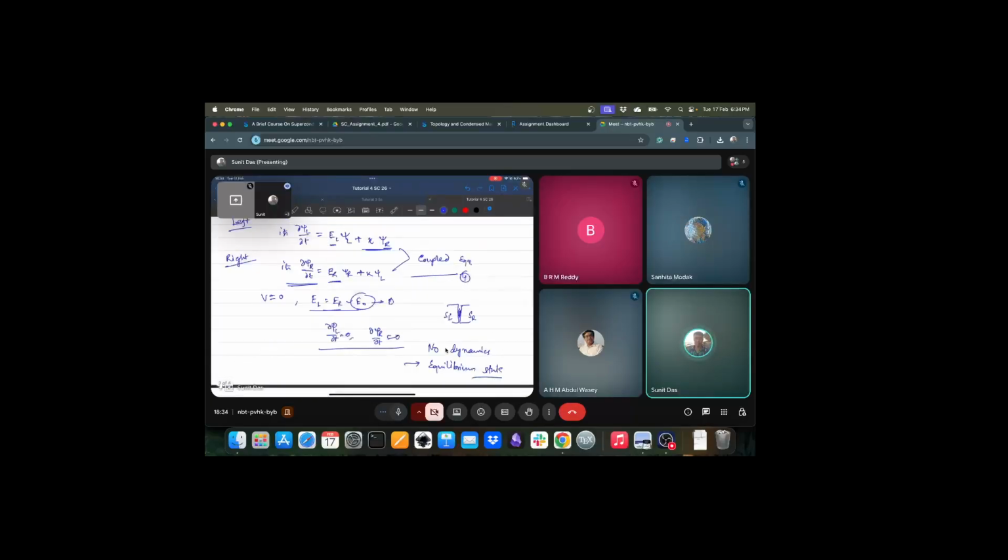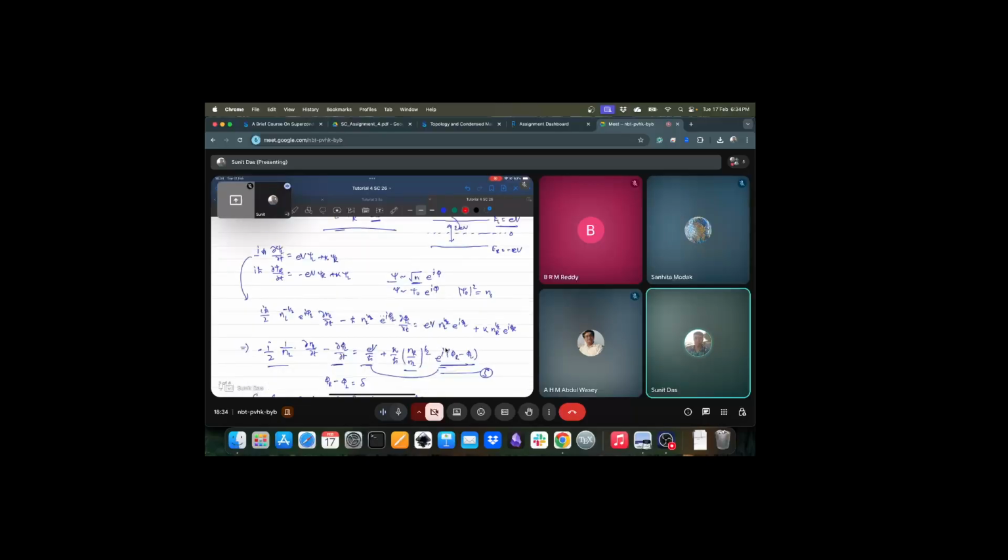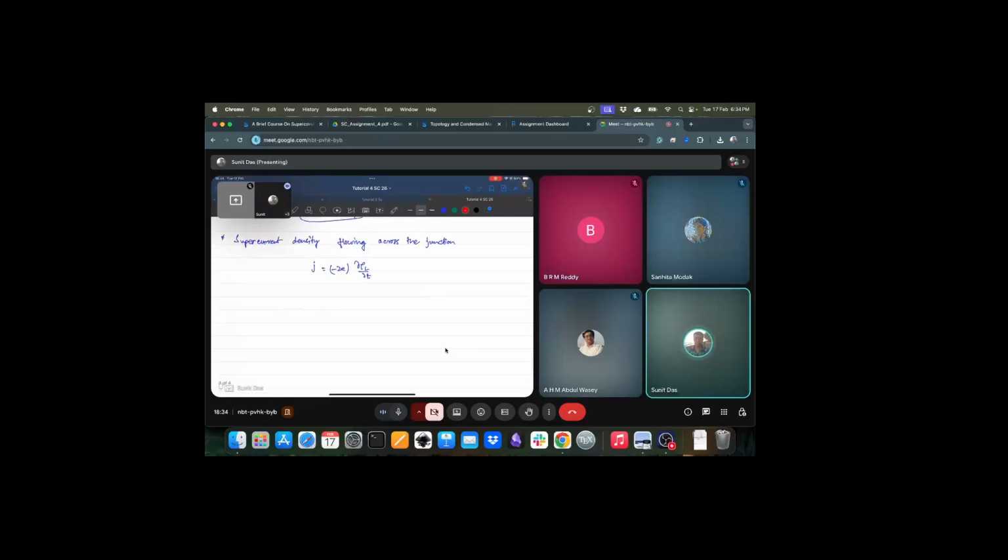So if we go to our figure, this was the left region and this was the right region. This is the positive voltage and negative voltage, so the current flows here. That's why we have taken the density change with respect to time.